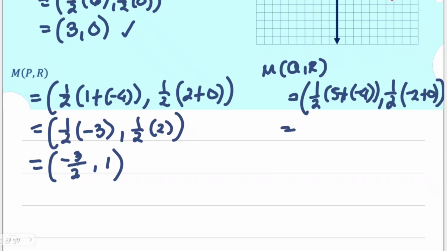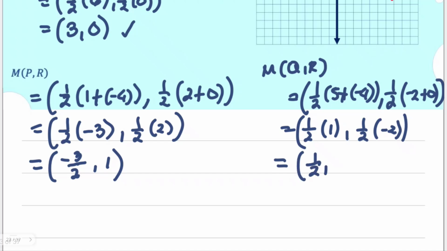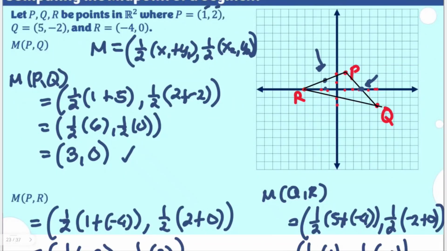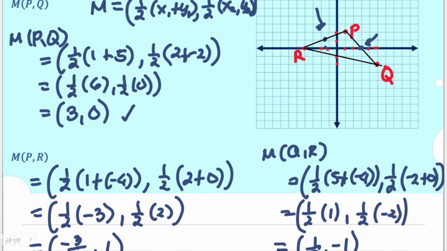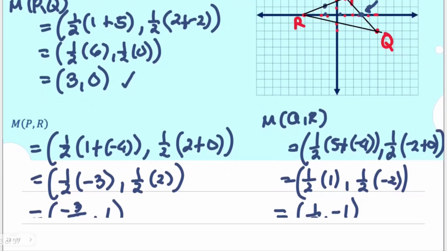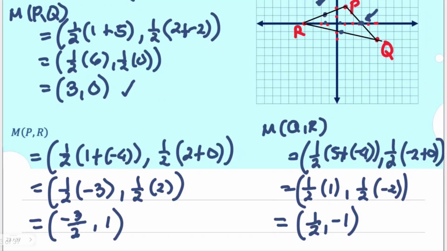This is actually 1/2 of 1 and 1/2 of -2. This is now equal to (1/2, -1). This should be the midpoint, not just in between, but the midpoint of segment Q and R. So this is again 1/2, somewhere here, and -1. This is the midpoint of segment Q and R.